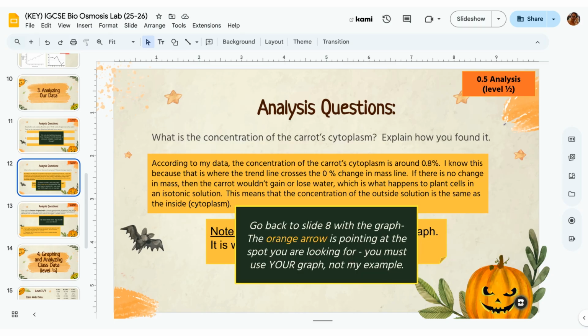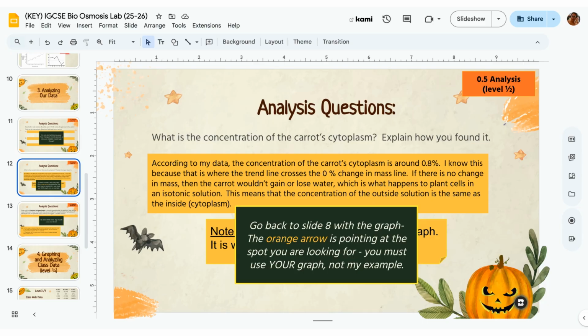Then slide 12 is not the main question, an additional question. We said we want to know how the carrots are affected by water. Something additionally that we can find if we have good data. Not everybody will have fantastic data, so just do your best with this question.